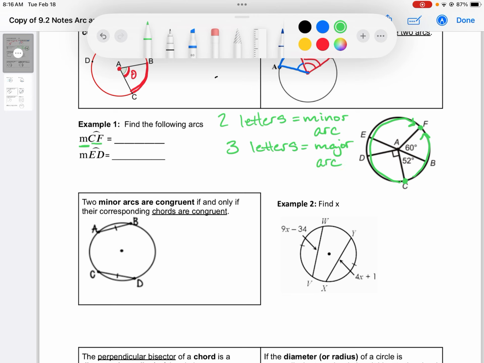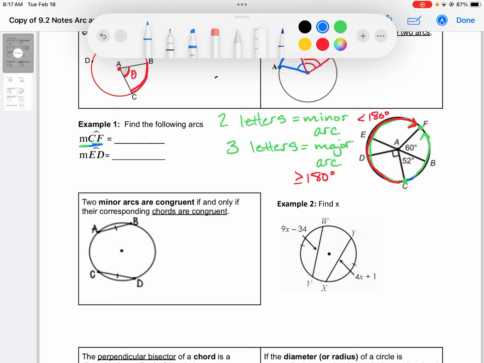And if you're not sure about what those mean, you need to look back at your definitions. A minor arc is going to be anything less than 180 degrees, so less than a half circle. And a major arc is going to be anything greater than or equal to 180 degrees. So you see how going this way would be over half the circle? That's a major arc.